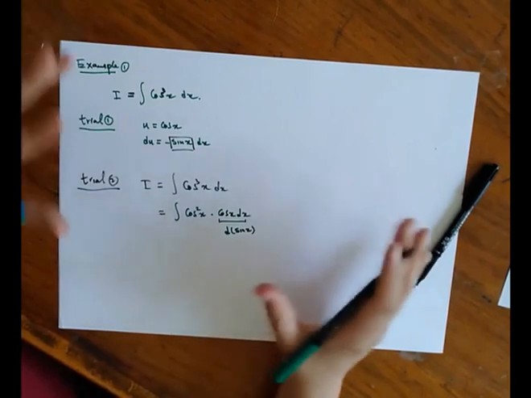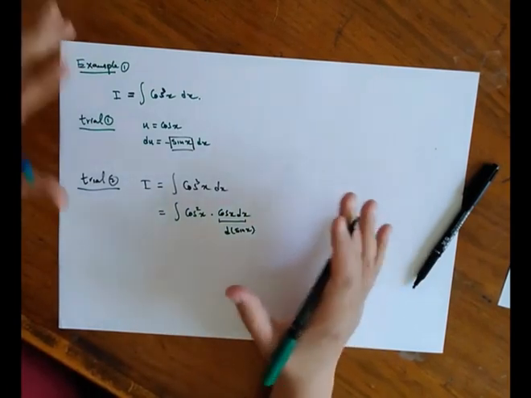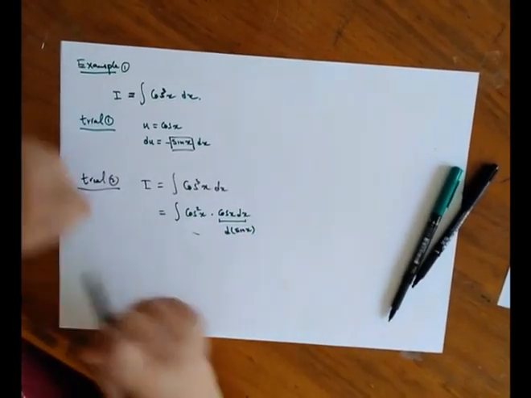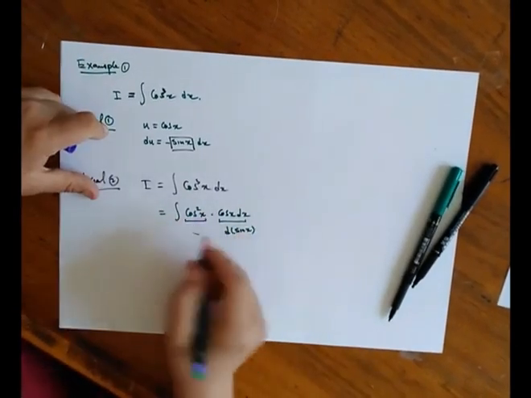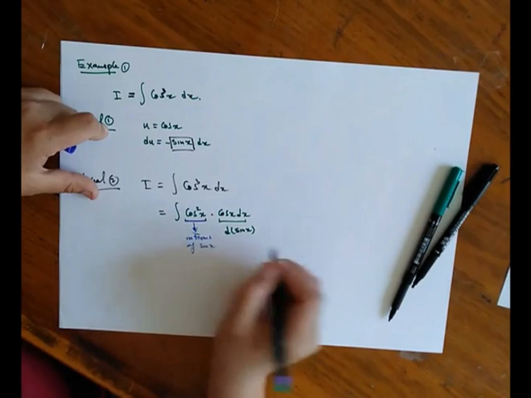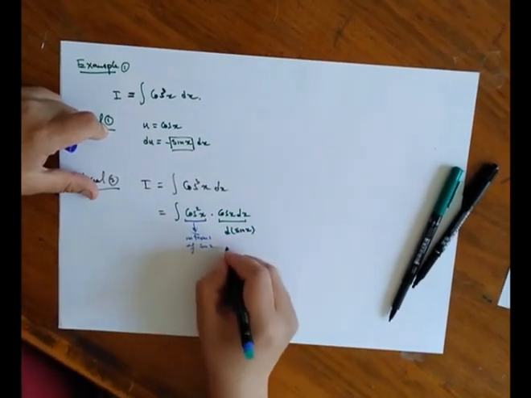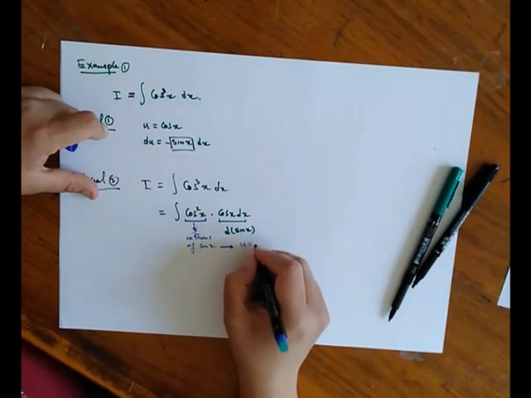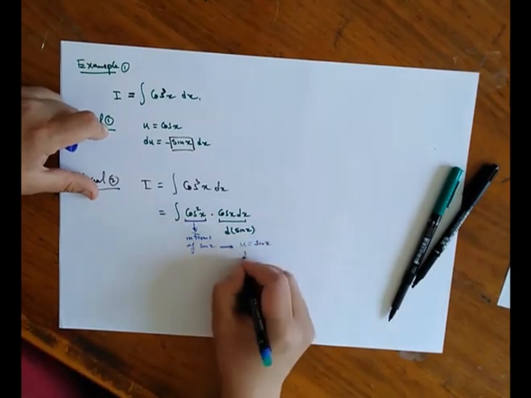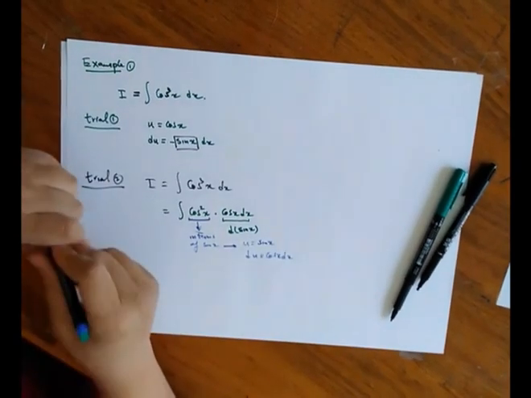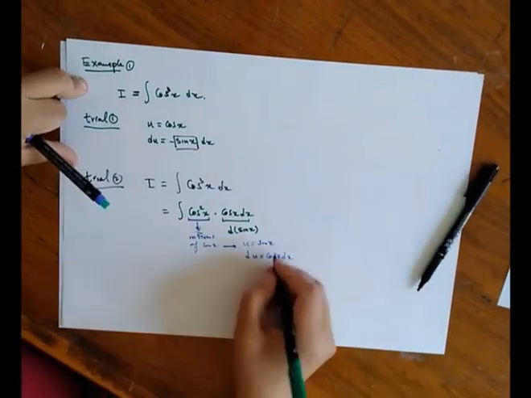So somehow, if we can rewrite everything here in terms of sine x, then we can use the substitution u equals sine x, and du will be cosine x dx. So let's try it.